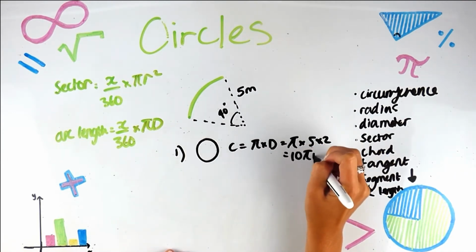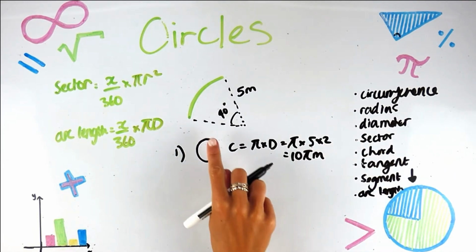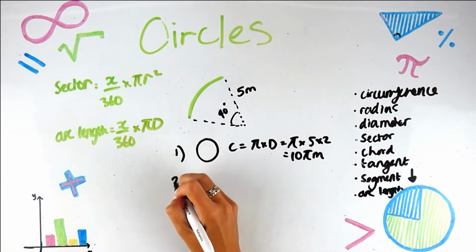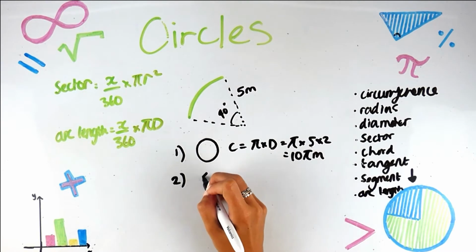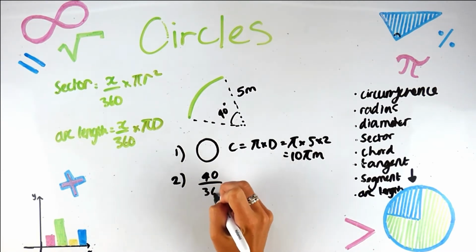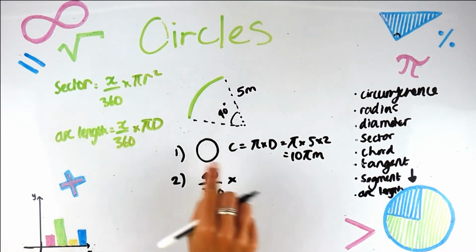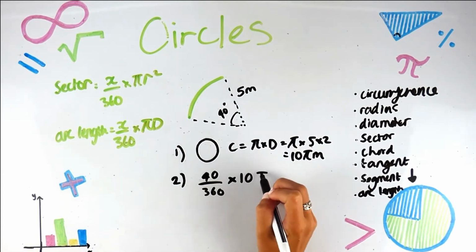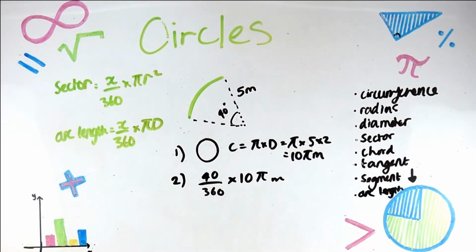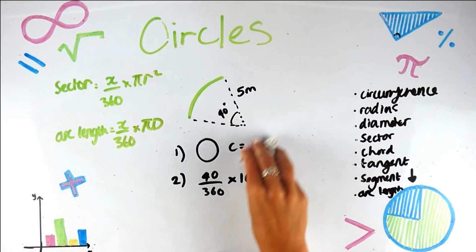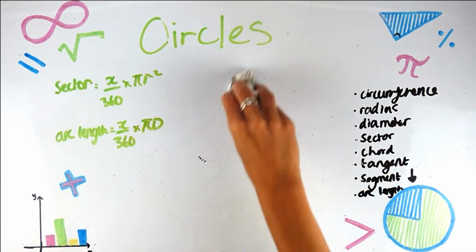So that's 10 pi metres, but then I think, oh, that was the full circle, I don't want the full circle, I want a fraction of it, and that fraction of it is this fraction here, 40 divided by 360 times the pi d, which we've already got, the fraction of that, and whatever that answer is, metres. So that would be the arc length. So you can either just remember the formula, plug it straight in, or think it through that way.